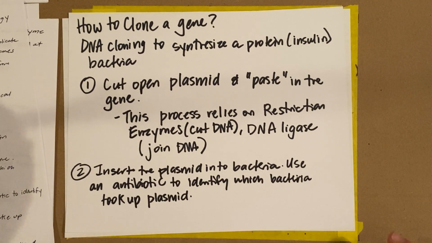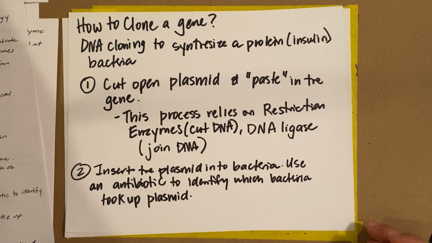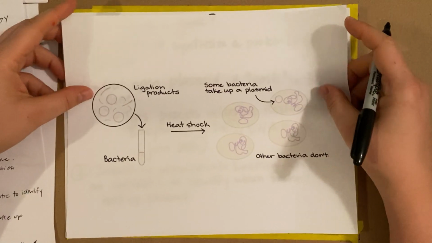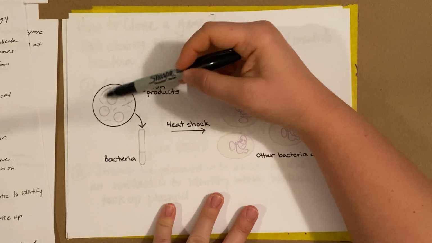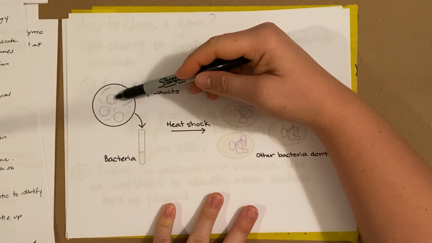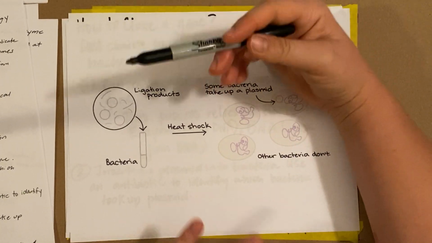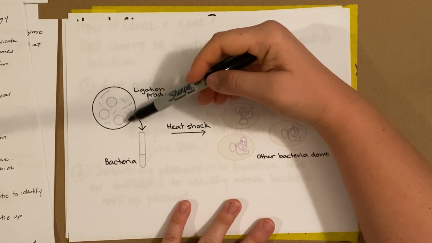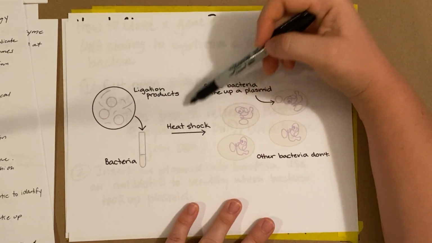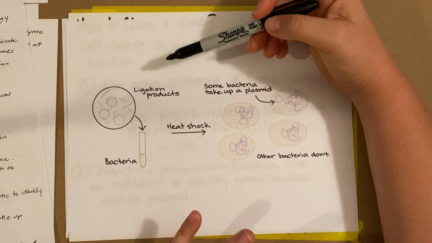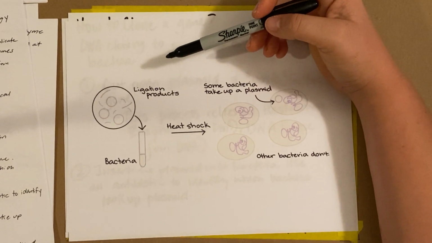And the way that the transformation takes place is you have your plasmids that have this DNA that you want to be in there, okay? You then do something called a heat shock, which means you basically really heat up the bacteria.